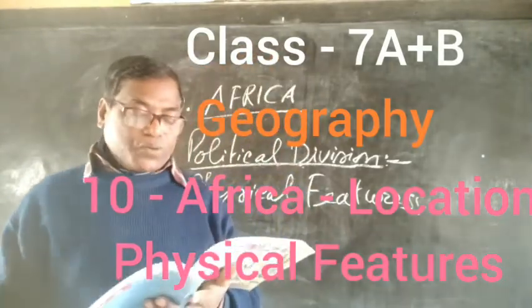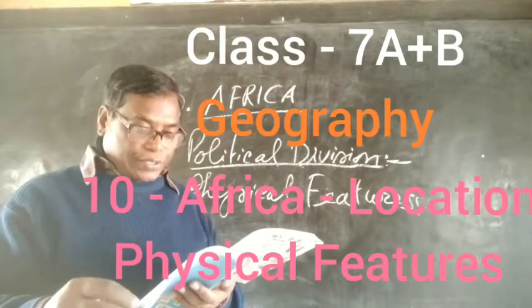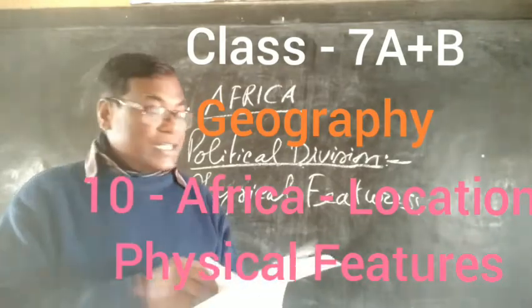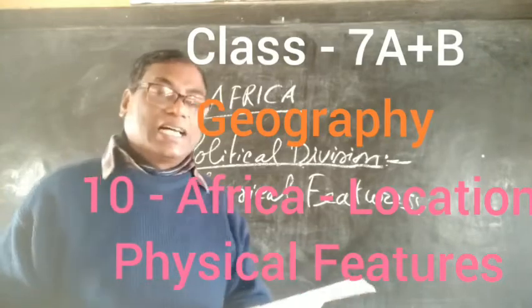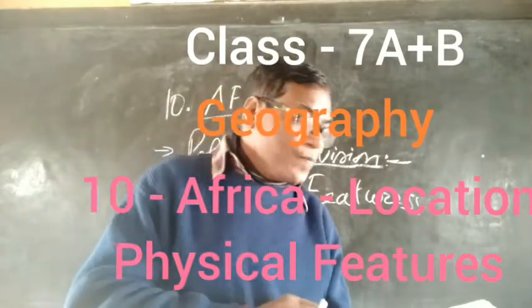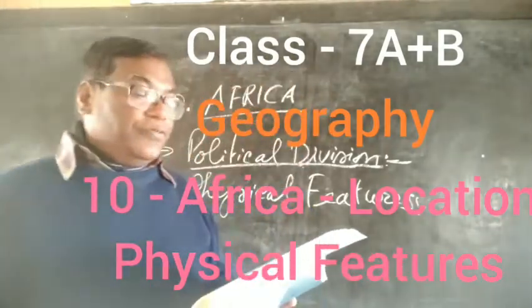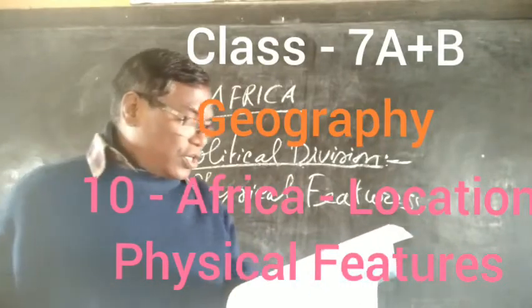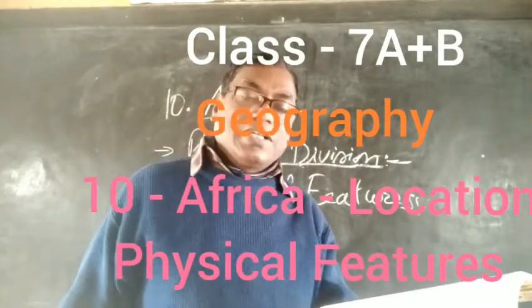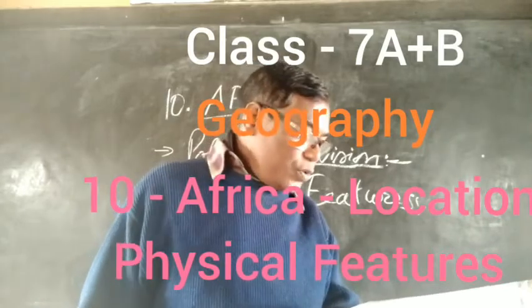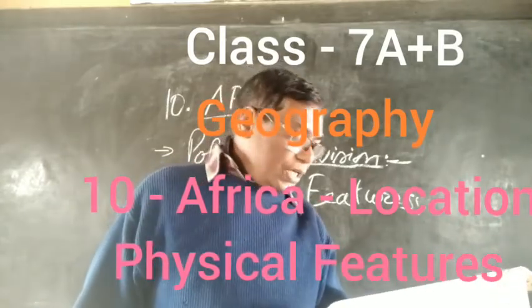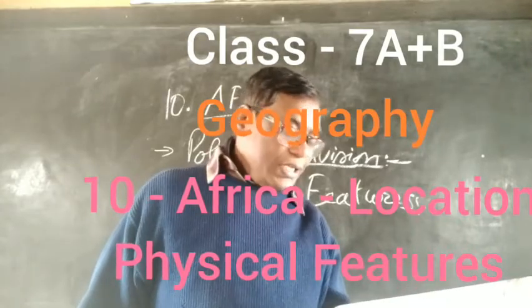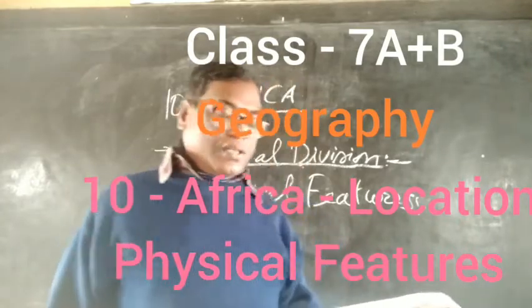Mainly mountains, plateaus, valleys, deserts, rivers, forests and all that. The physical feature of Africa is largely a plateau. This plateau is lower in the north and higher in the south. The Great Rift Valley of Africa is a very special physical feature.